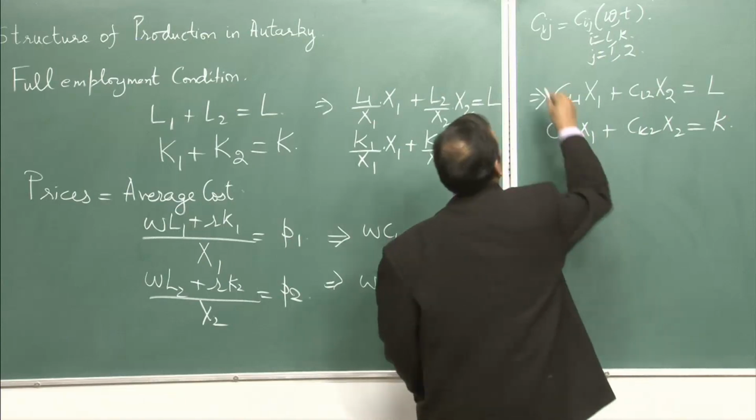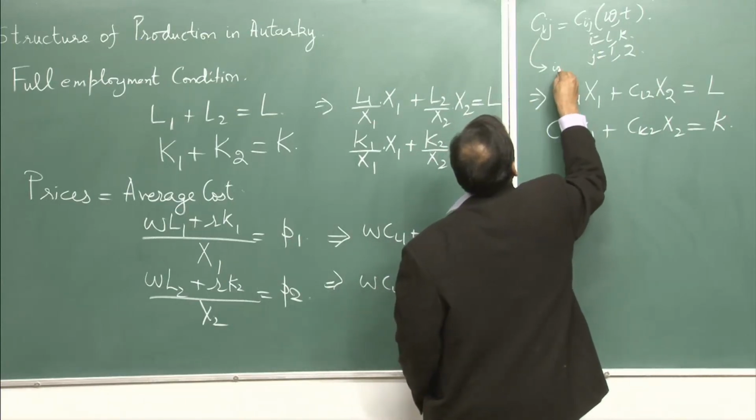Cij is the input, this is the input output requirement.